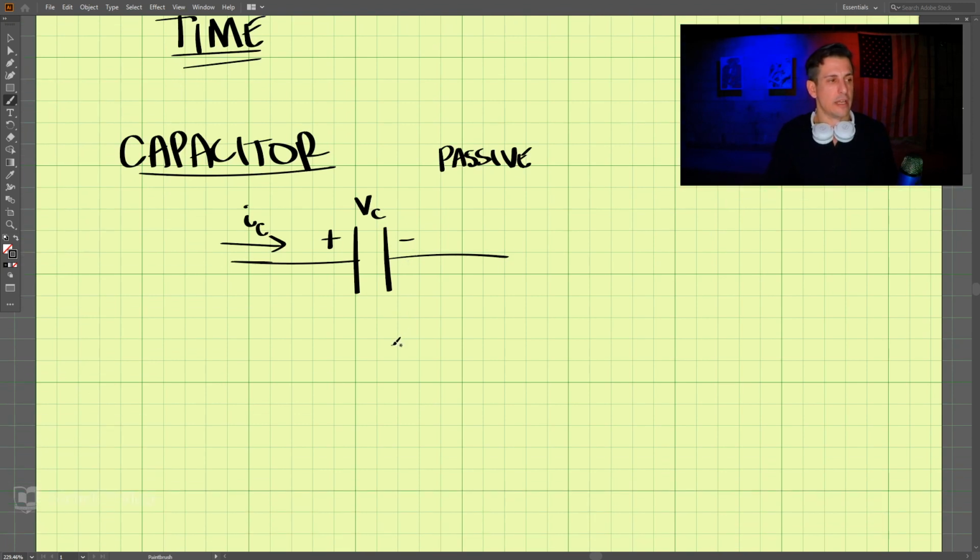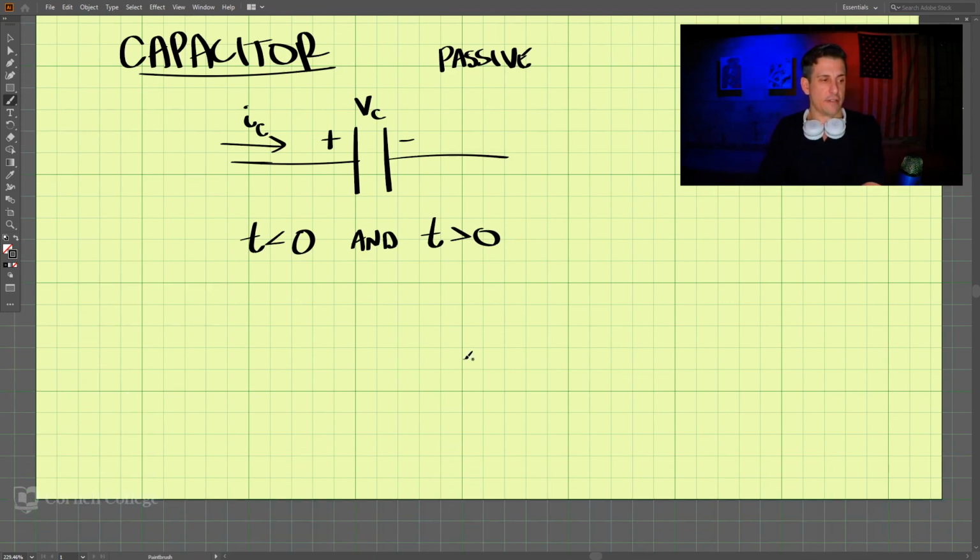Now, if we take a look at the capacitor, remember when we had a switch, when we turn it on or turn it off, we would examine time before 0 and time greater than 0. So let's graph this.